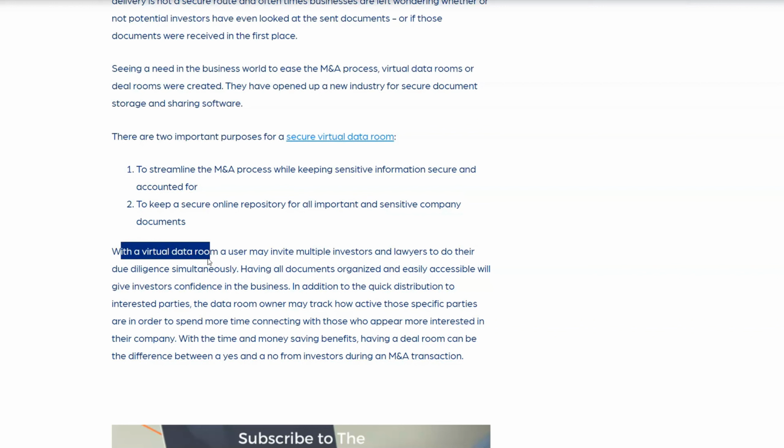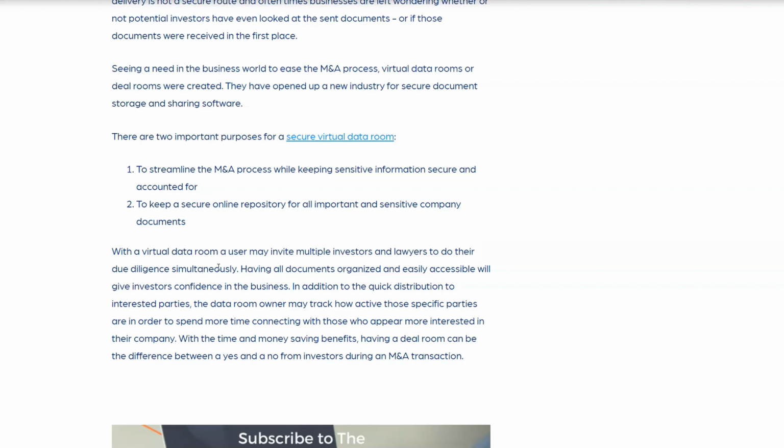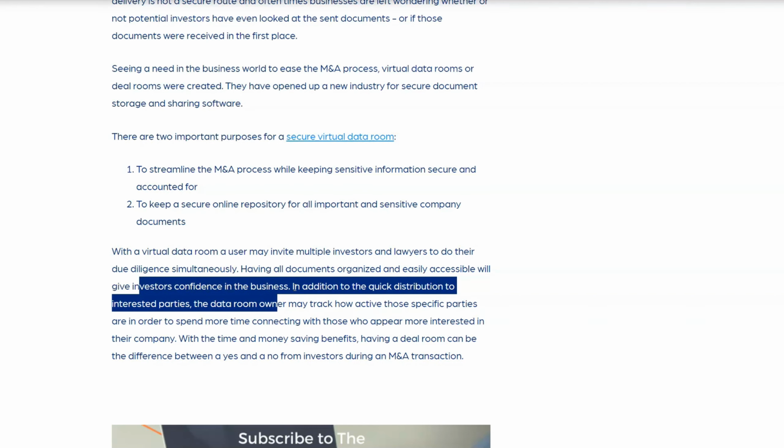With a virtual data room, a user may invite multiple investors and lawyers to their due diligence simultaneously. Having all documents organized and easily accessible will give investors confidence in the business.